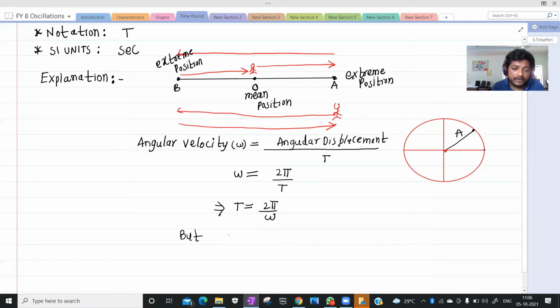But we know that in terms of magnitude, A equals omega square x.